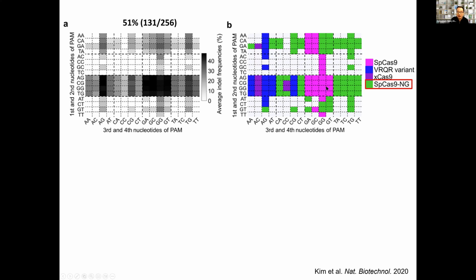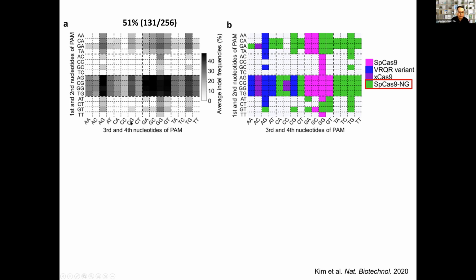So this is the first and second nucleotide of the PAM sequence, and this is the third and fourth nucleotide. And the density represents the activity of the selected Cas9 nuclease variant. Using these variants, we were able to cover roughly 51% of PAM sequences.